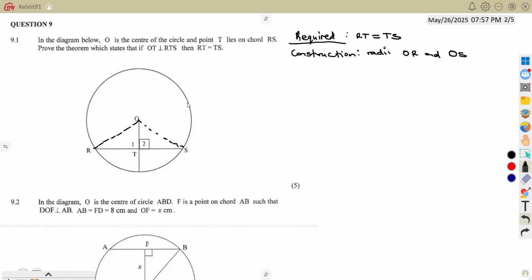In that particular construction, we can now prove that OR is equal to OS. What is the reason? They are both radii.